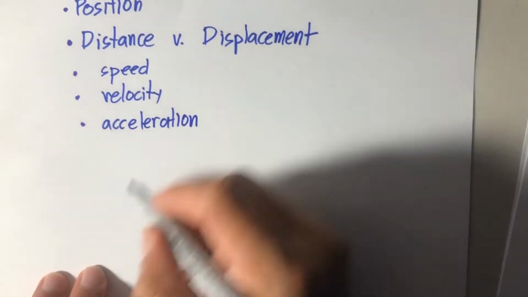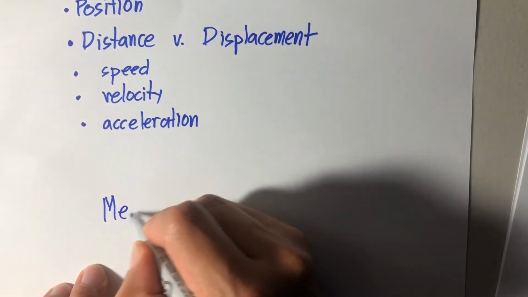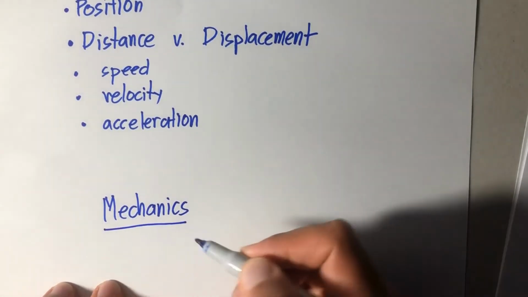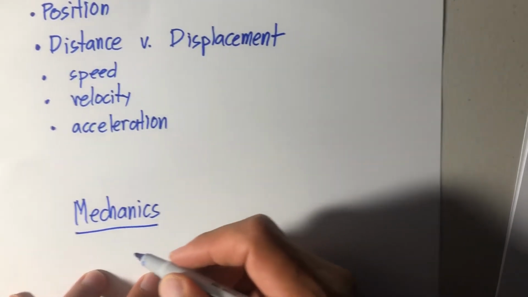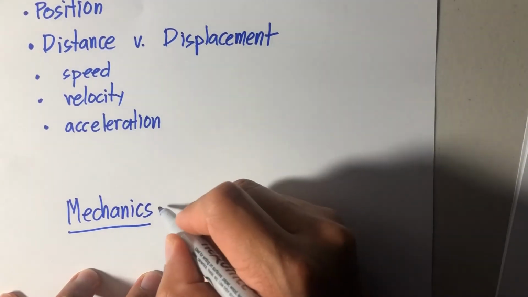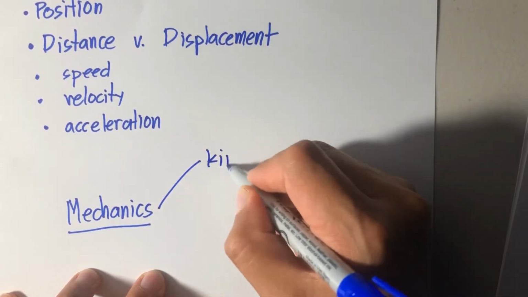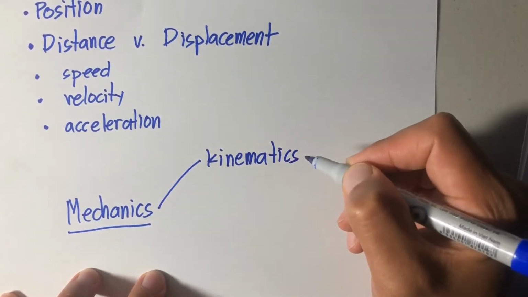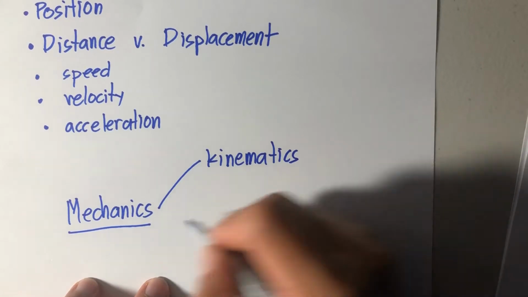Let us start by defining mechanics. Mechanics is defined to be the study of motion, and we will discuss two of its branches. First is kinematics, which is defined as the description of motion through mathematical equations.